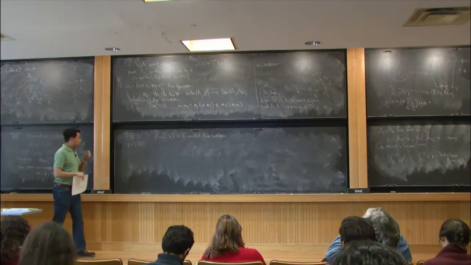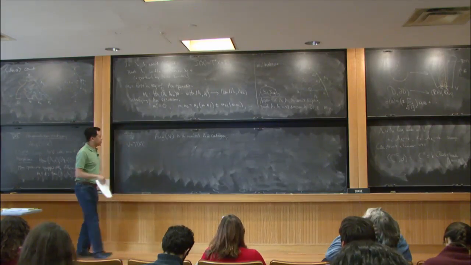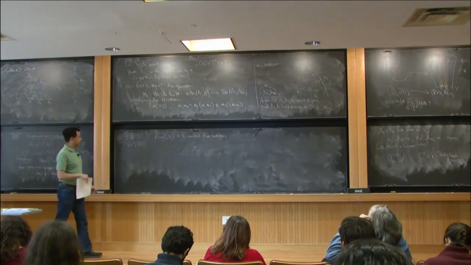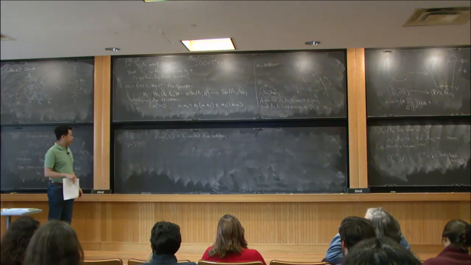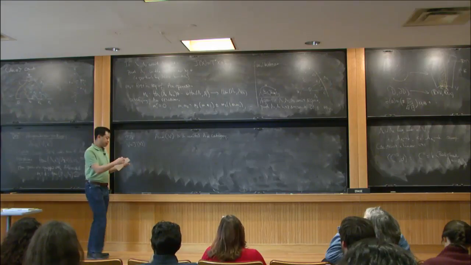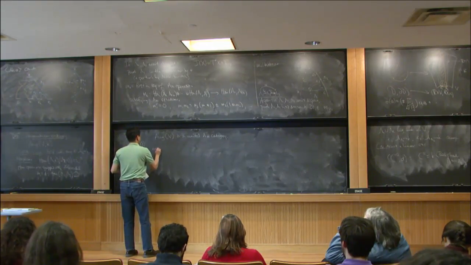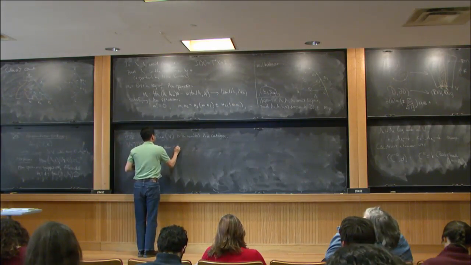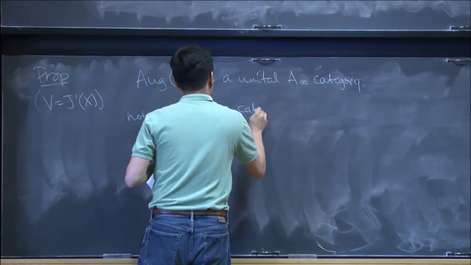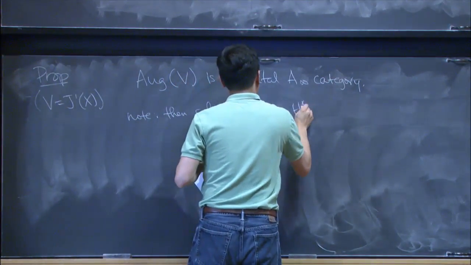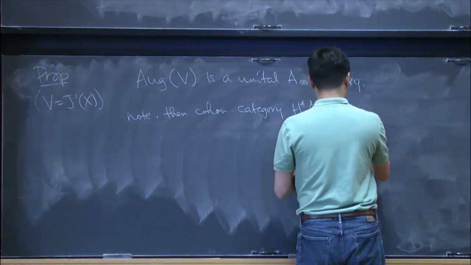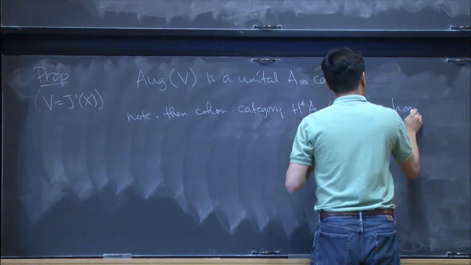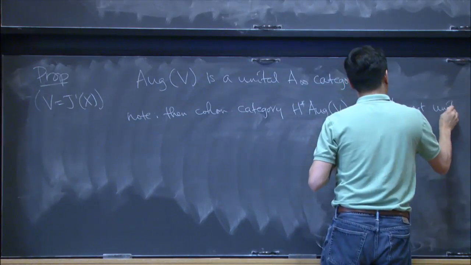If you don't like A infinity categories, but you're okay with regular categories, then the usual note here is that if you take the cohomology category associated to this, H star of aug of V, this is an honest unital category.